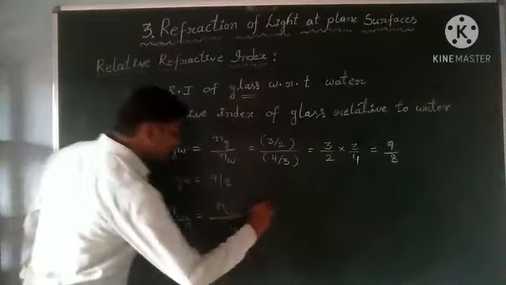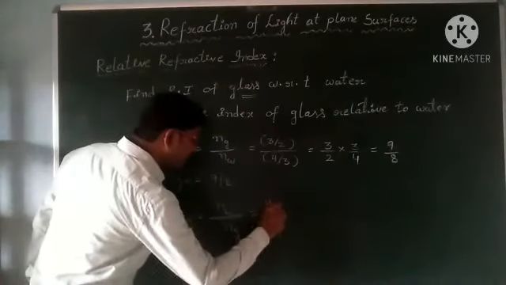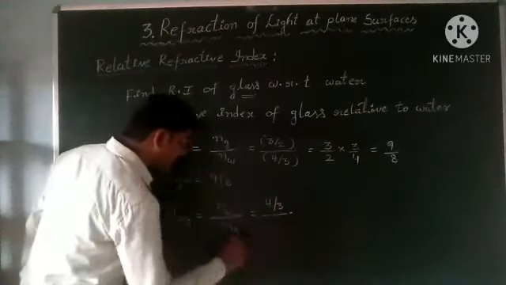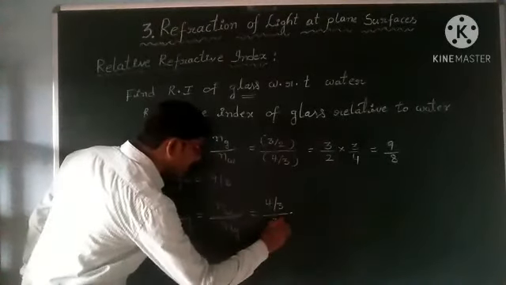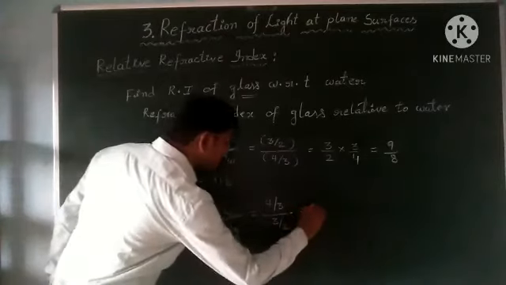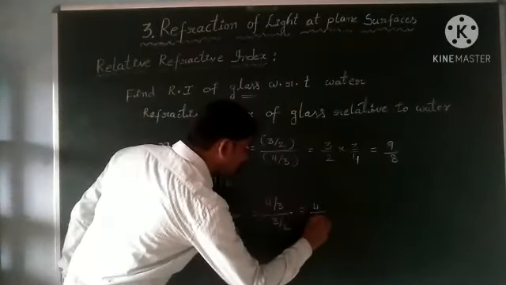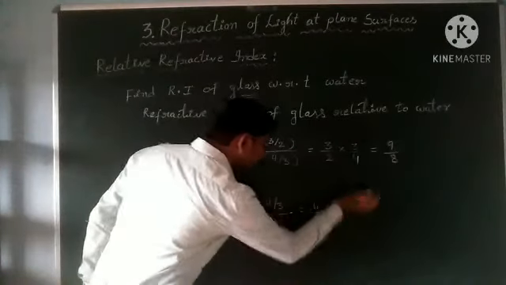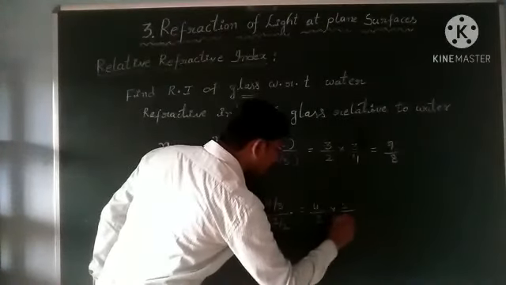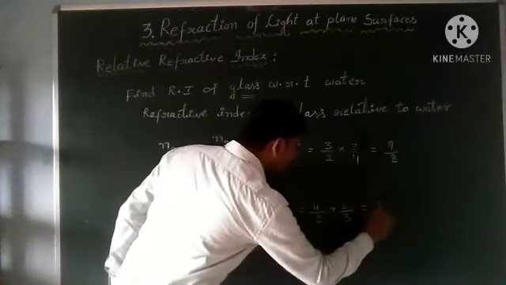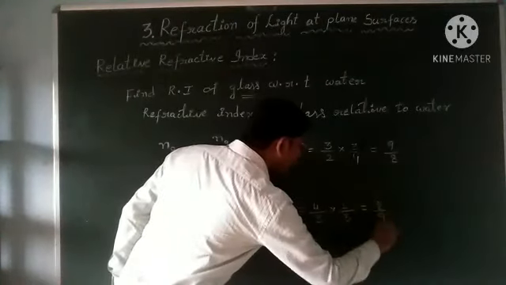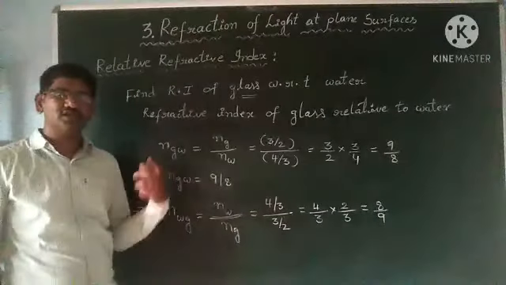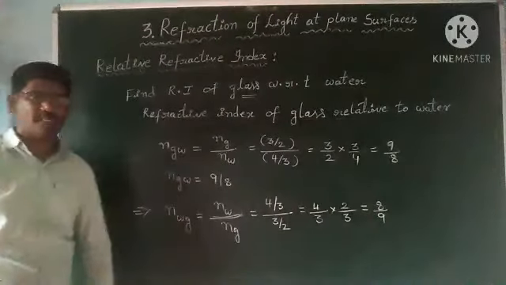The refractive index of water is 4 by 3 and the refractive index of glass is 3 by 2. Then take the reciprocal of the second, so it will become 2 by 3, and then it will become 8 by 9. Like this we find the relative refractive indices.